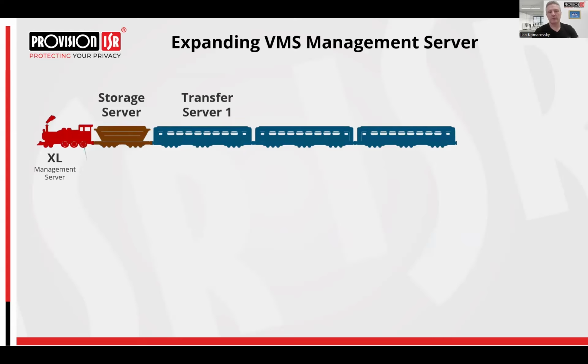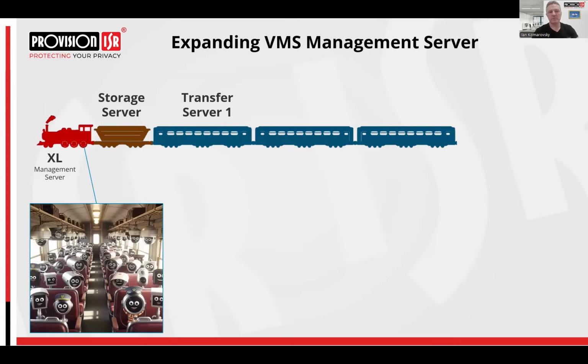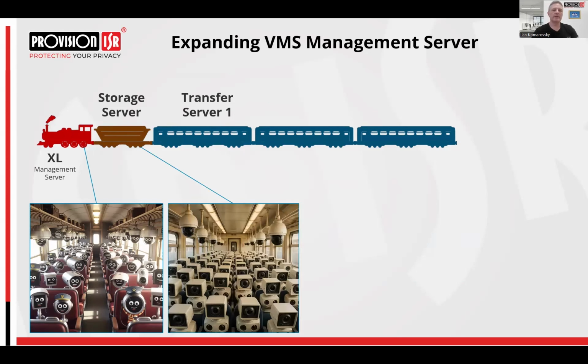If you look, for example, inside the management server, you will see a lot of cameras inside it. If you want to add another storage server, you'll find another one that is holding some other cameras, and we're going to talk about it because it's not going to just record, it's going to be a transfer server as well. And the next one is the transfer server.